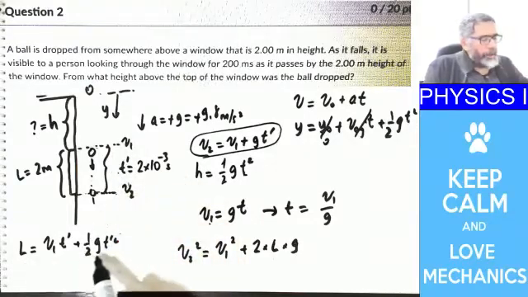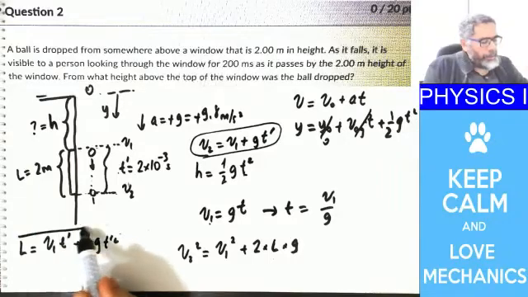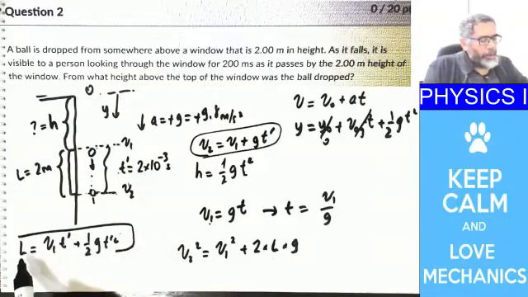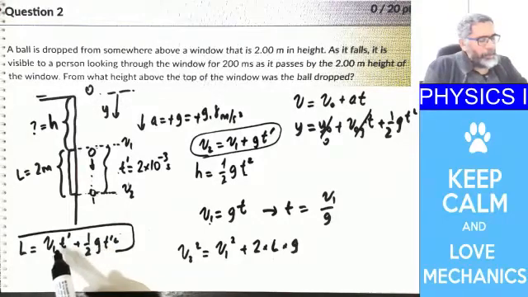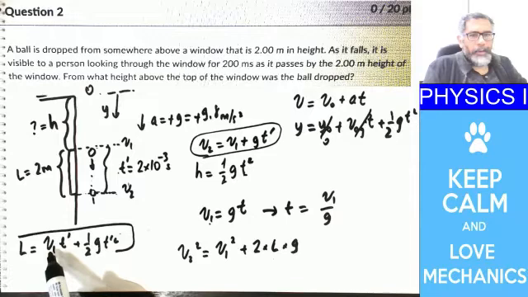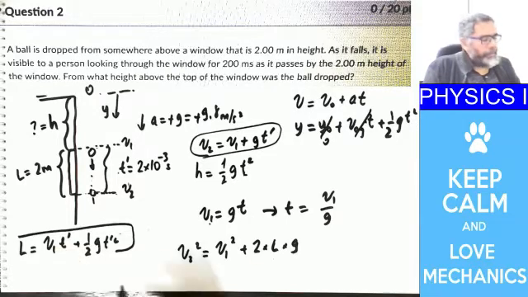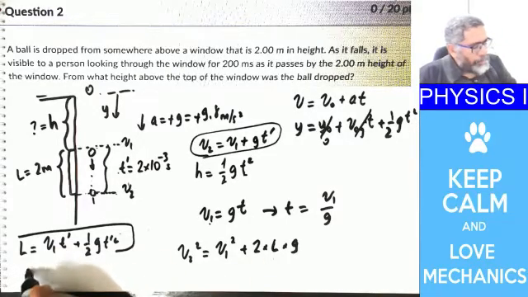If you accept this, then you are done, because this is 2 meters, this is 200 milliseconds, and this is 9.8, so you can find v1.